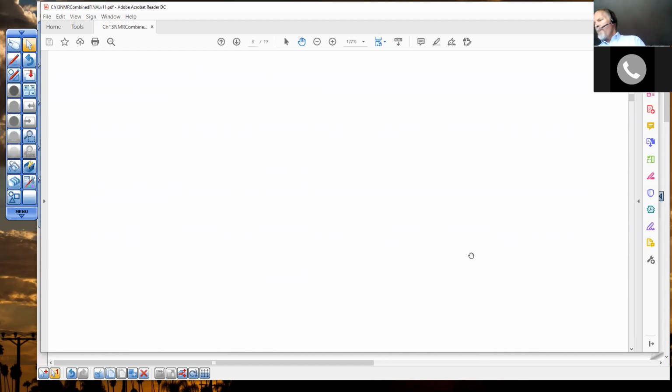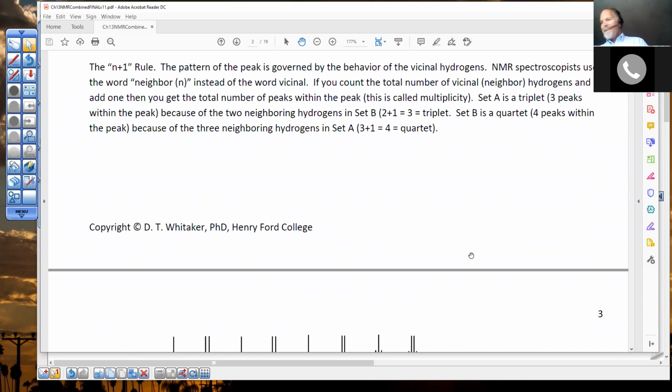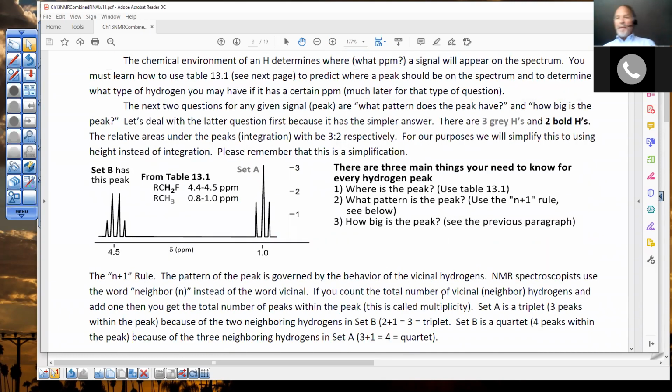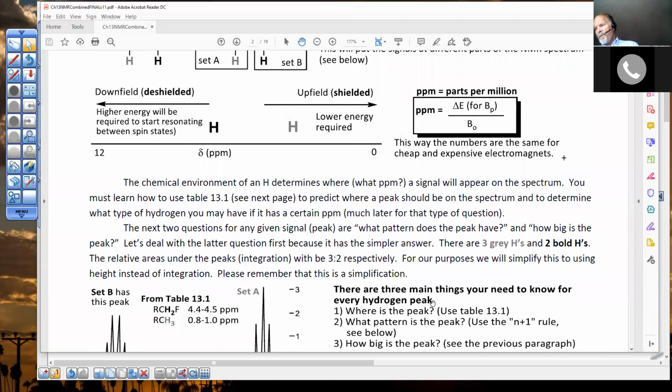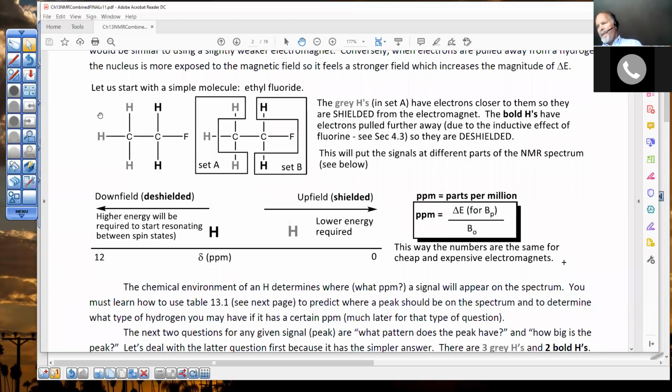All right, so the where's the peak question has to do with things like inductive effects and other effects that we're not really going to get into because we don't need to. We're big on the practical application of NMR. So using that table instead of knowing why the numbers are what they are is more important to me. So to end our first segment here, we can predict just from looking at the molecule that we should see a peak near 1 for this kind of hydrogen, and all three of these hydrogens are identical.